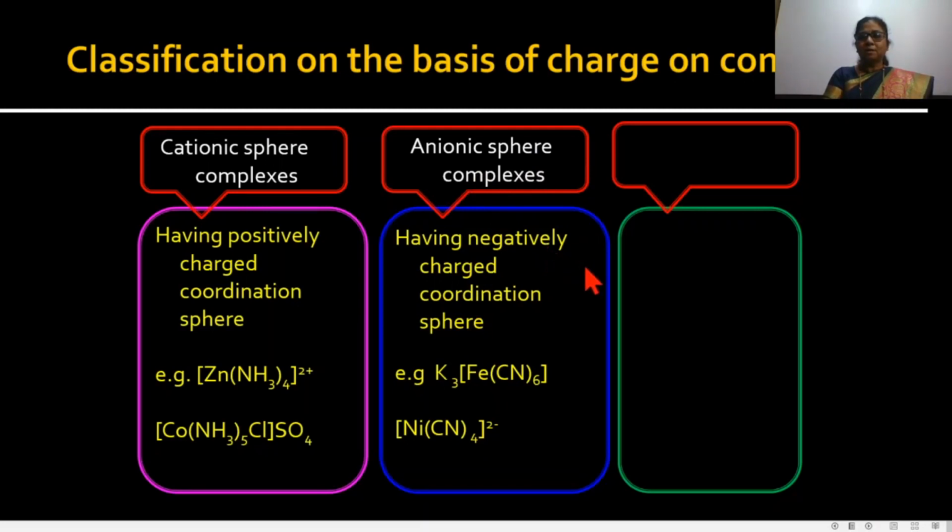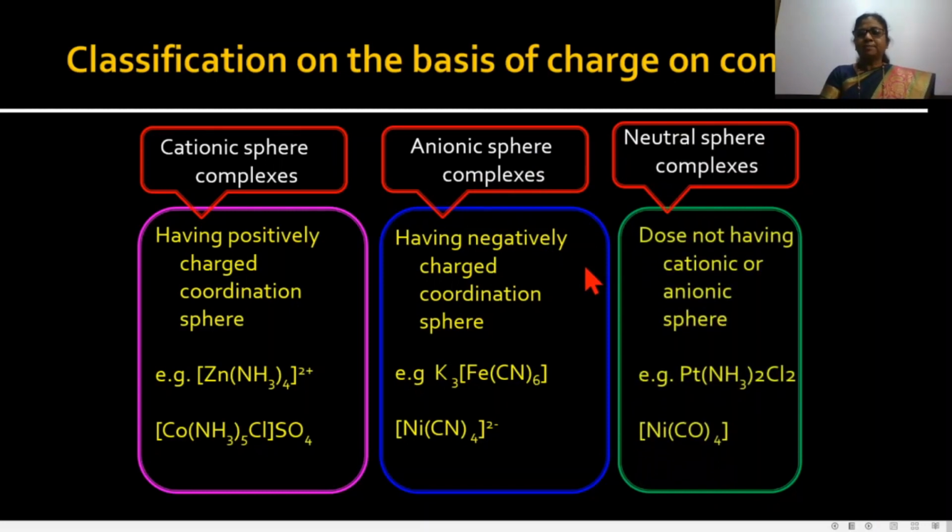Now see the third type, neutral sphere complexes. It does not have a cationic or anionic sphere. That means the coordination sphere is neutral. For example, see [Pt(NH3)2Cl2]. In this example, this coordination sphere does not have any charge. Therefore, it comes under neutral sphere complexes. Also, in this example [Ni(CO)4], it does not have any charge.